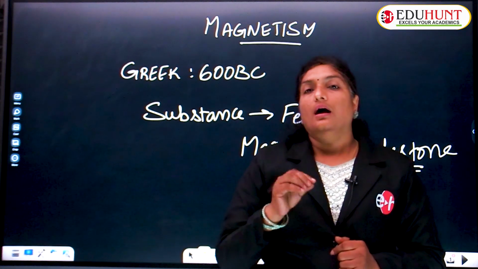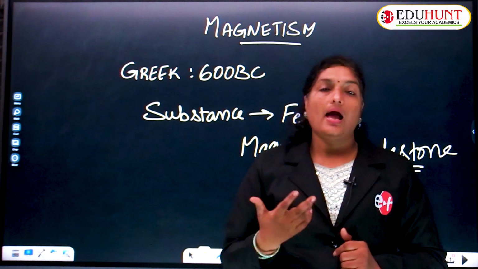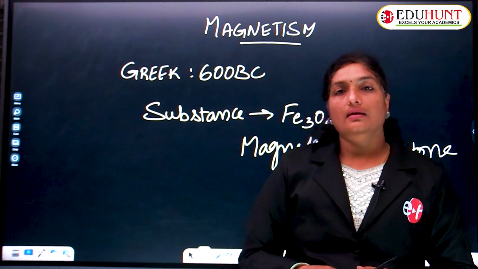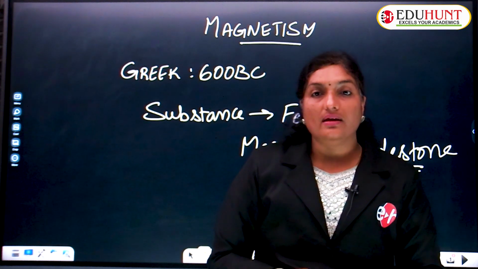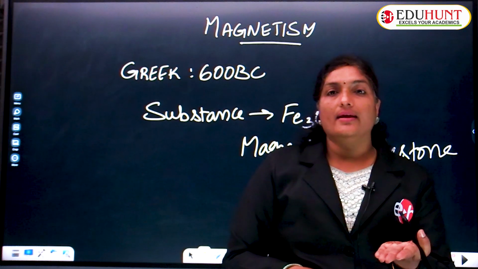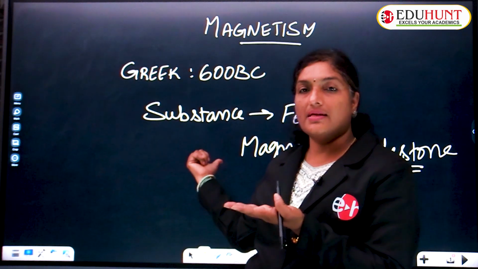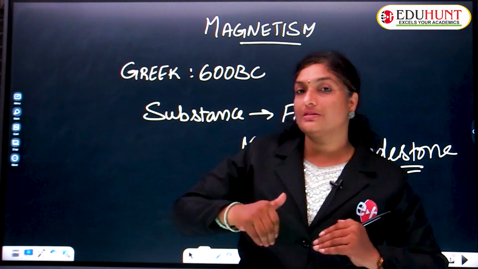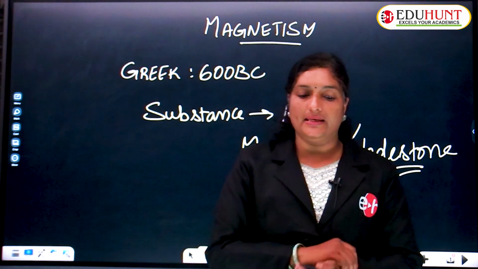Substances like lodestone, cobalt, nickel and iron are called magnetic substances. Whenever a piece of iron, cobalt or nickel is continuously rubbed with magnetite or lodestone, it also attains the property of attracting other materials.